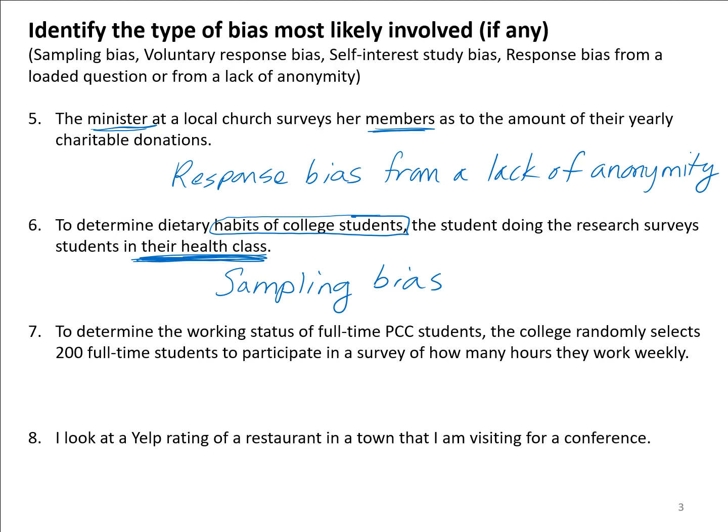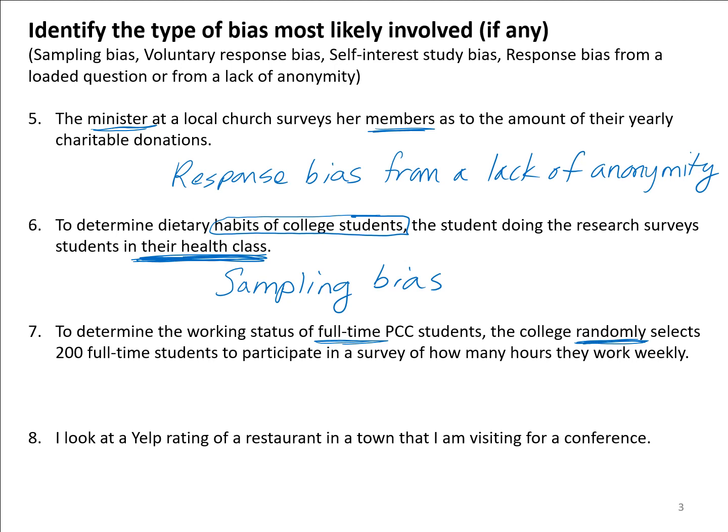Number 7, to determine the working status of full-time PCC students, the college randomly selects 200 full-time students to participate in a survey of how many hours they work weekly. Well, as I read through here, it's talking about the college randomly selecting 200 full-time students. Now, we wanted to know about full-time students.